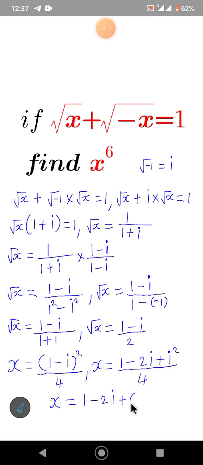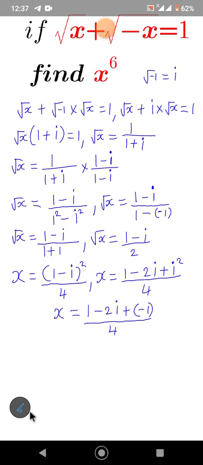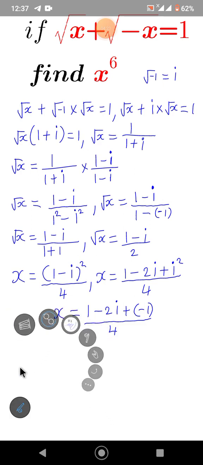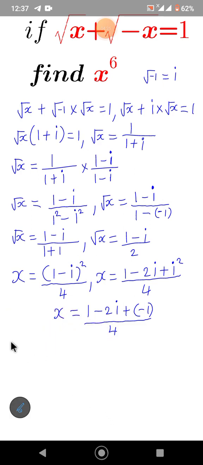Minus 1. So here will become minus 1 all over 4. So we continue, we say x will be equal to 1 minus 2i, then plus multiplied by minus, we get what? Minus. So here will become minus 1 all over 4.